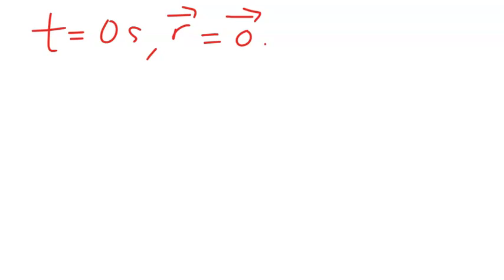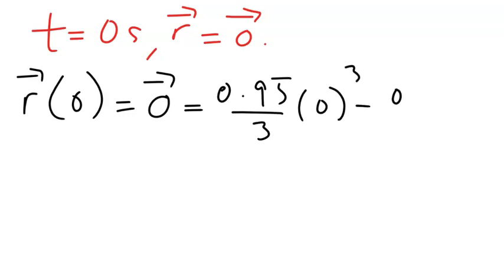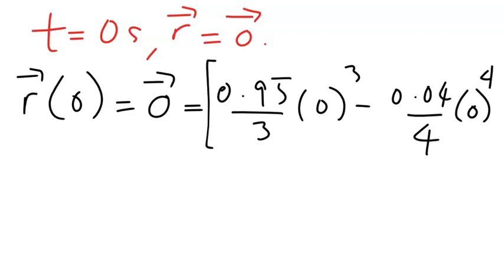Substituting this initial condition in the expression for r(t) that we derived above, when t is 0, we know the answer is 0, so it's 0.95 over 3, 0 cubed, minus 0.04 over 4, 0 to the power 4, together with a j hat there, plus r naught.